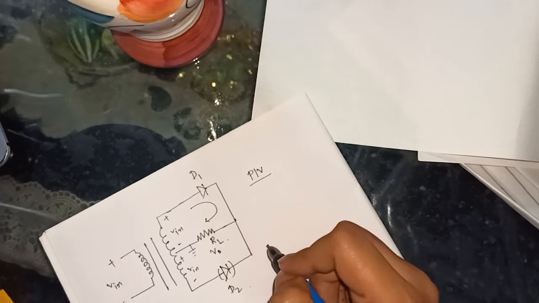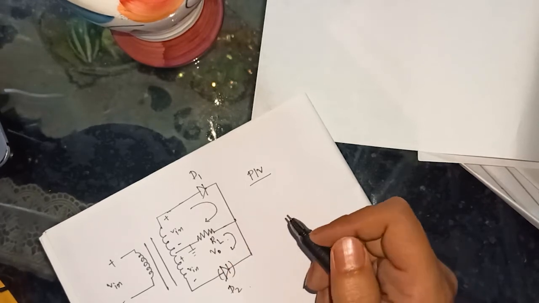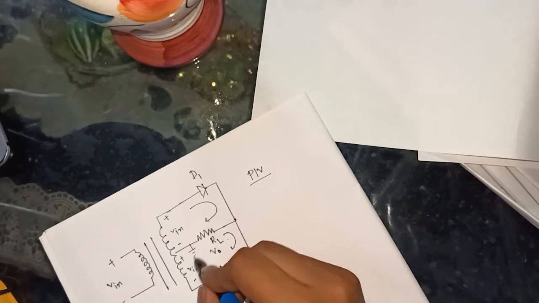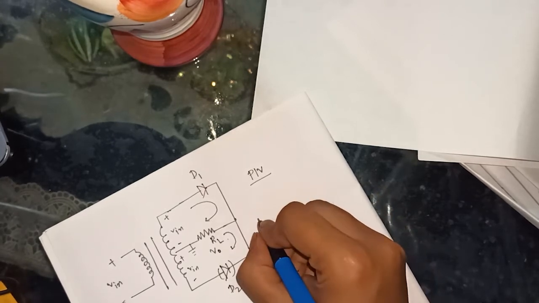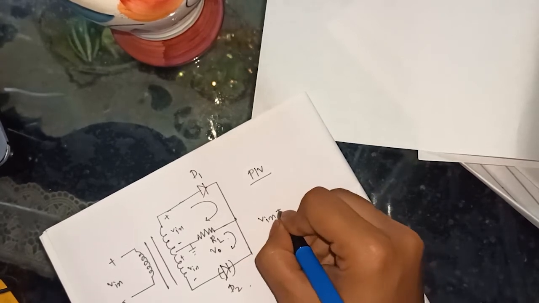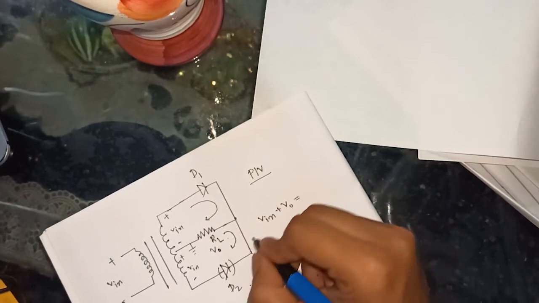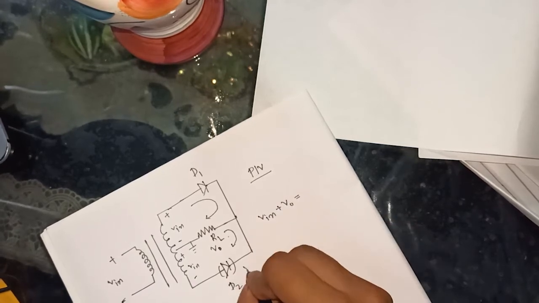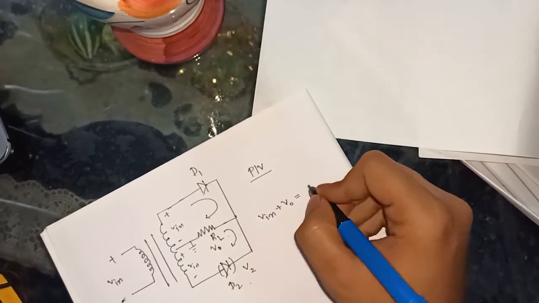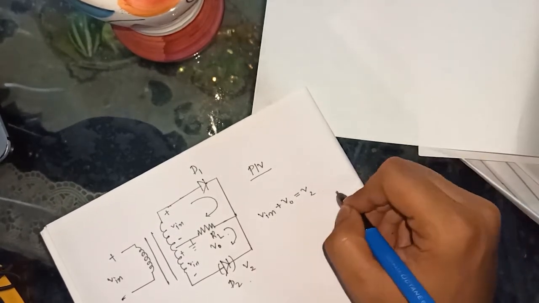So when we apply KVL in this particular section, we get V in plus V naught equal to V2, where V2 is the voltage across D2.